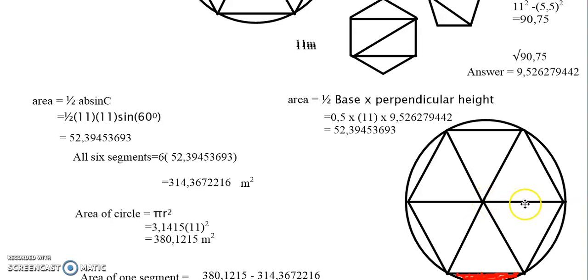5,5 squared plus an unknown length squared will give me the length on the hypotenuse squared, which we have as 11. 11 squared minus 5,5 squared gave me the 9,52 as the length of the perpendicular line.